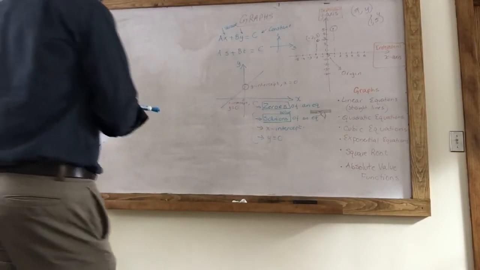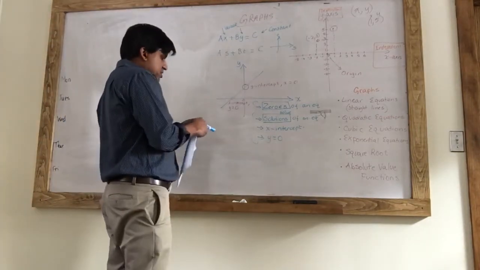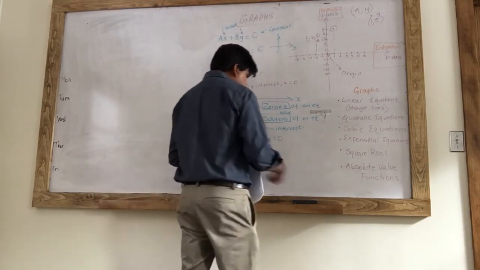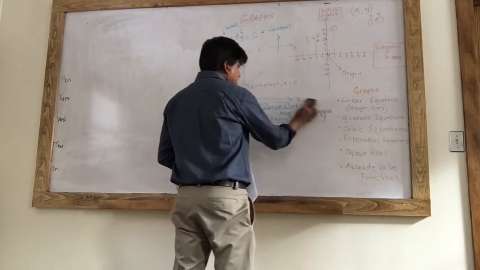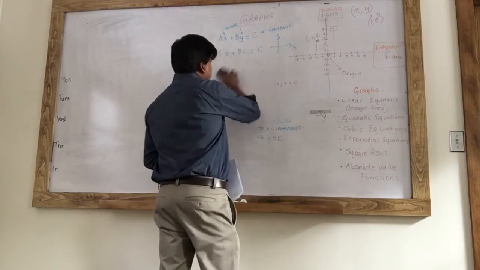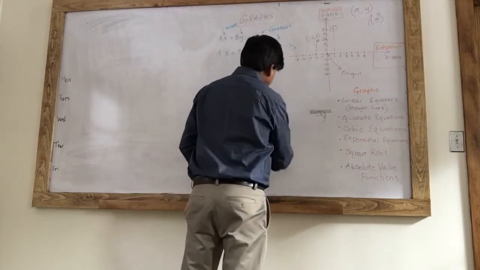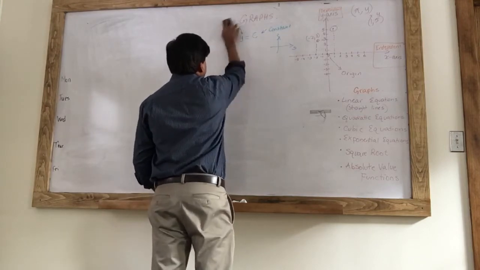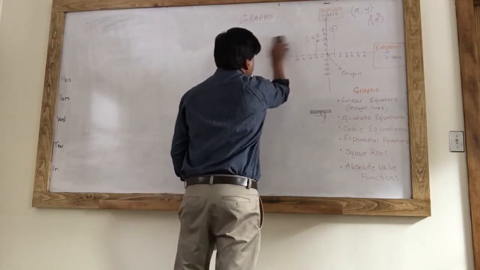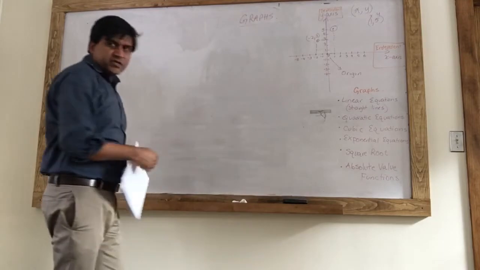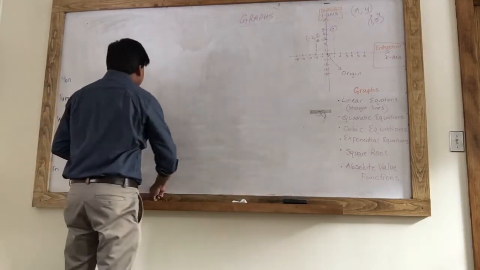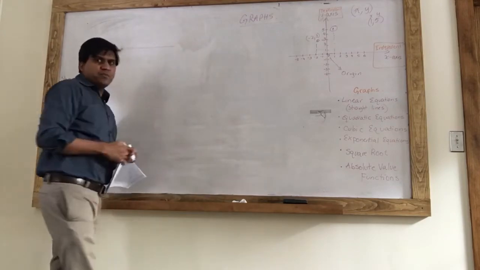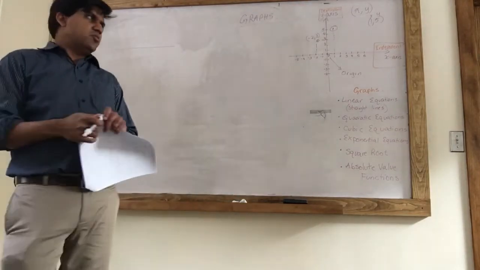Then we'll do some concepts about slope. There's something we've studied in the past. I'm just reviewing it. So slope. If I draw a horizontal line like this, do I have a slope? What is the slope over here?